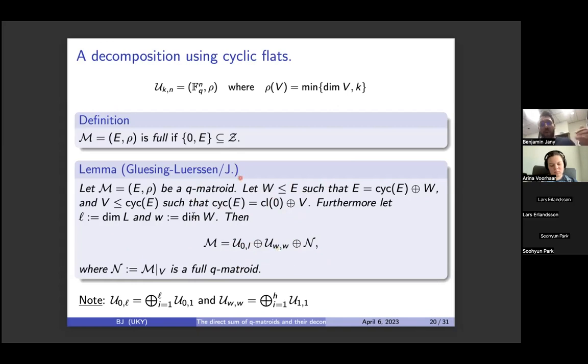Okay. So using this decomposition already, what we need to figure out then is really how to decompose full q-matroids into irreducible components. We took out all the loops and all the co-loops, and now we're just left with full q-matroids.